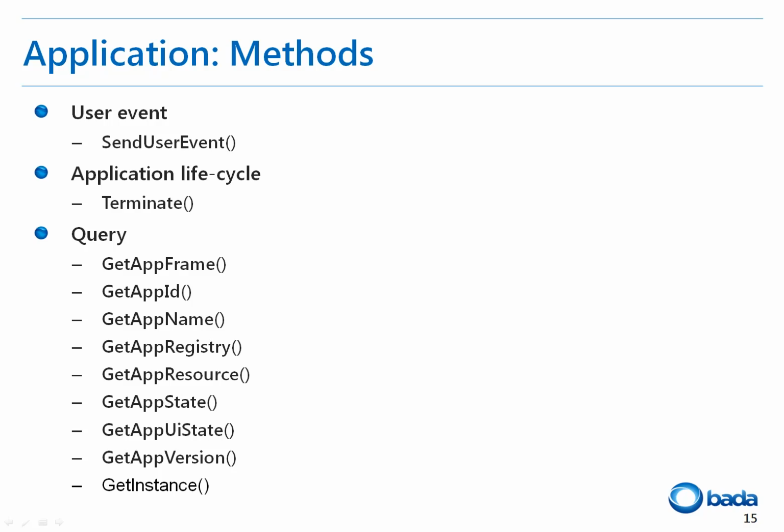The app registry and app resources can be accessed using the GetAppRegistry and GetAppResource methods. The GetAppState API gets the current state of the application, and the GetAppUiState API gets the UI state of the application. To get the version string of the application, you can use the GetAppVersion method. You can use the GetInstance static method to get the application's instance pointer.